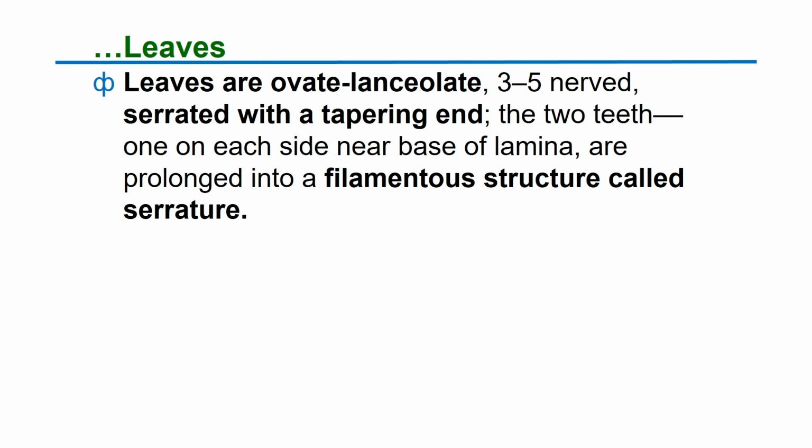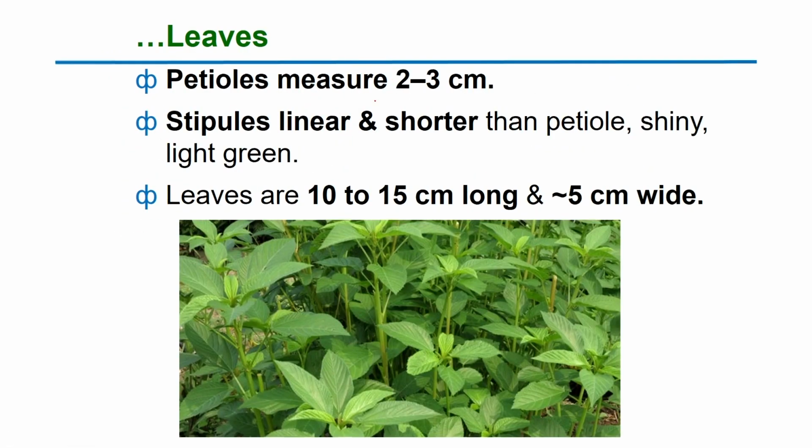Leaves are ovate lanceolate, this is a specific shape of the leaves, 3 to 5 nerved, serrated with tapering end. The two teeth, one on each side near the base of lamina, are prolonged into filamentous structures called serratures. Petioles measure 2 to 3 centimeters.